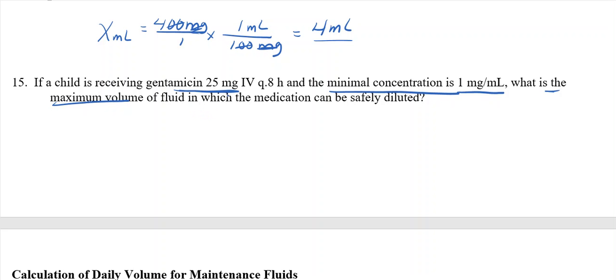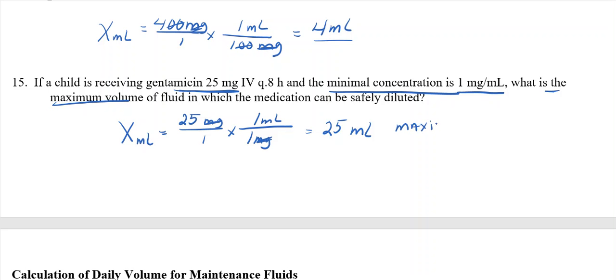The more fluid you add, the weaker the concentration. So a minimal concentration is going to be a very weak concentration, so I'm going to add a maximum amount of fluid. But I still work it the same way. You just have to know what you're looking for. Still doing my doctor's orders over 1 times my minimal concentration, 1 milliliter over 1 milligram. Milligrams cancel, and I get 25 milliliters, which is my maximum volume.